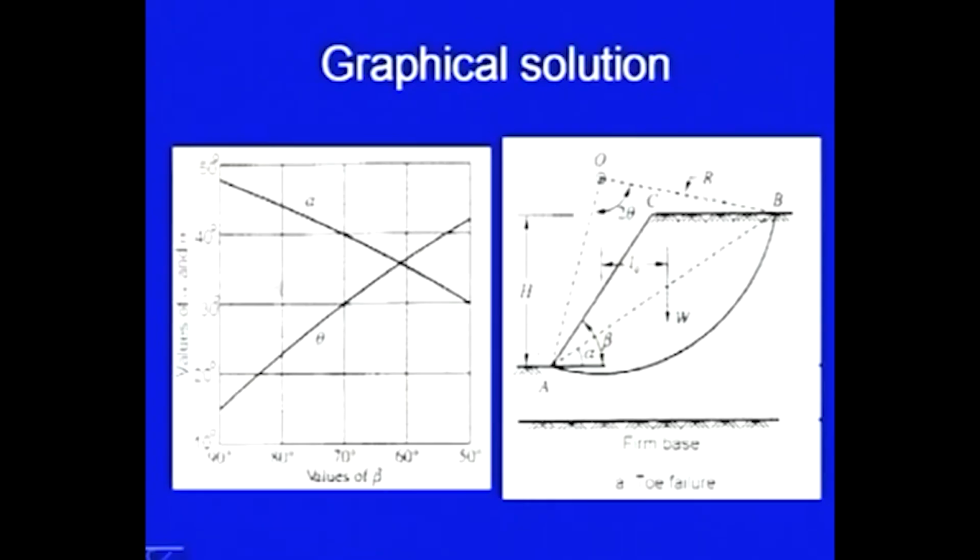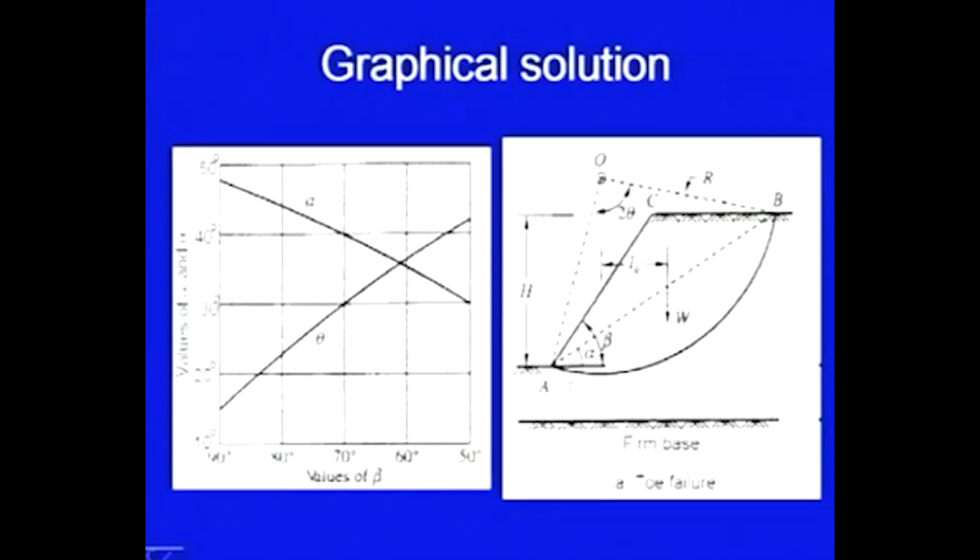So, you can read this value, it is somewhere between 30 and 35 or so. Same way this theta, it is intersecting the 60 degree line here, it is slightly more than that. So, somewhere around 38 or so. So, corresponding to this beta you can get alpha and theta.